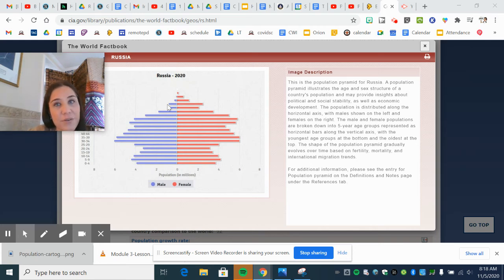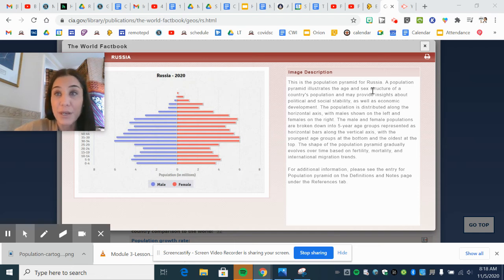You can also see a few things that will tell you that something happened in the past in the history of their country because you can see this is the male side, this is the female side. Men in their 80s there's a way lower population than women in their 80s.